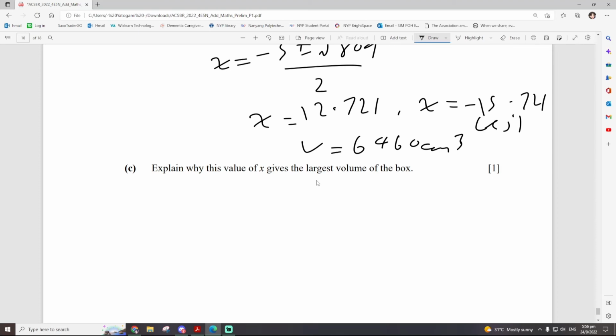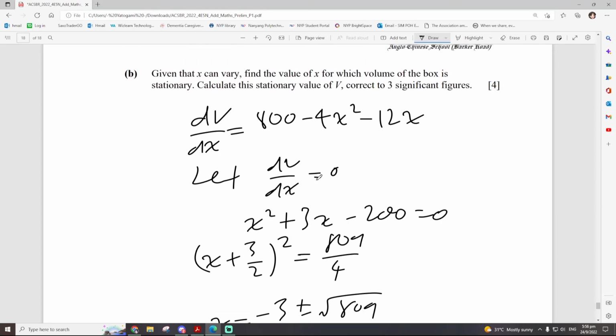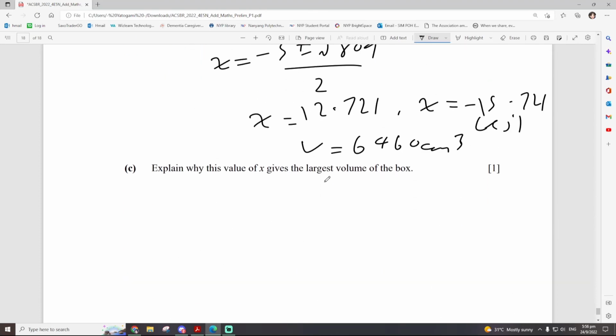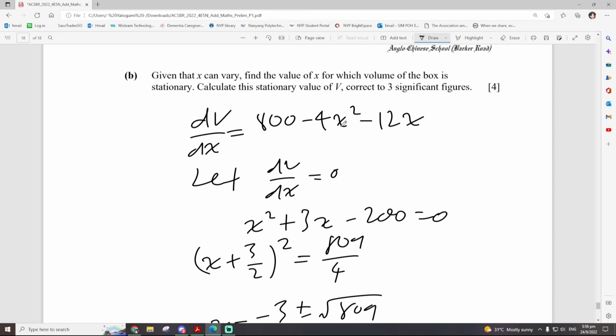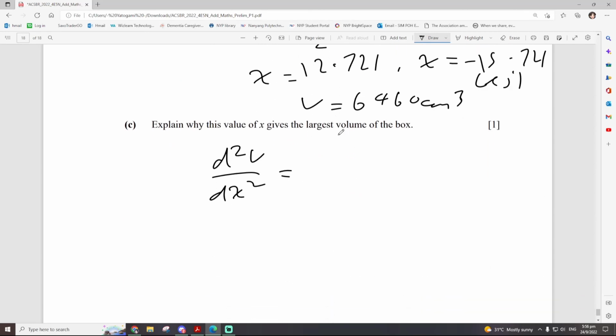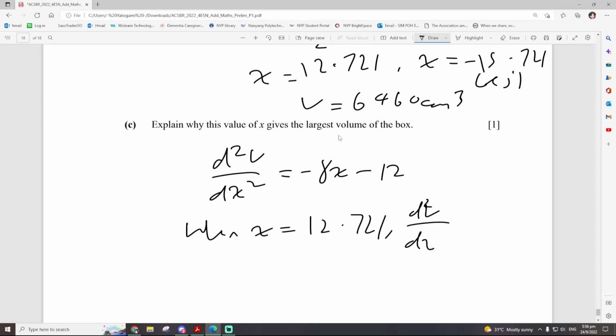Explain why this value of x gives the largest volume in the box. For this, you can consider d2V/dx squared, the second derivative. So this is just going to be minus 8x minus 12. When x equals to 12.721, the d2V/dx squared is going to be a negative number essentially.